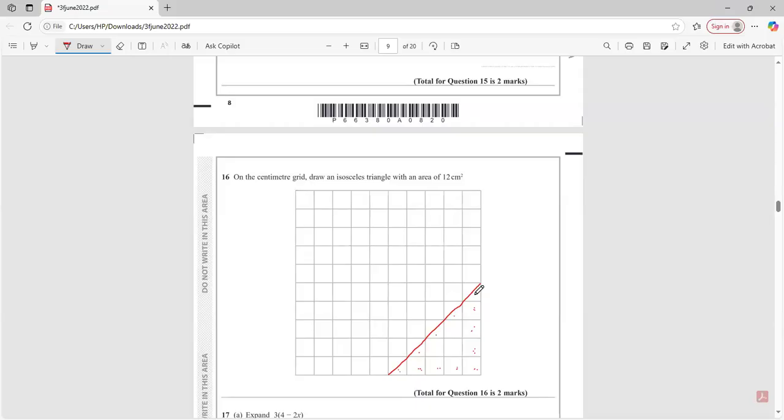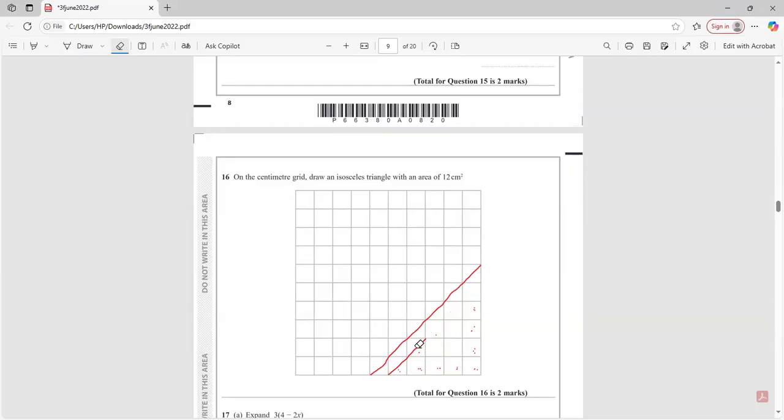All right. So maybe I should take my line one step higher. Let's do this. 1, 2, 3, 4, 5, 6. Let me erase this and see if it's going to give me 12 squares now.